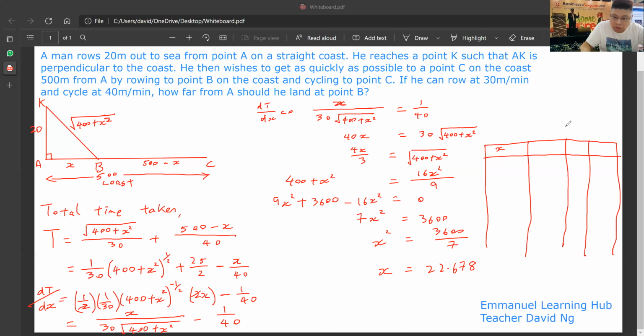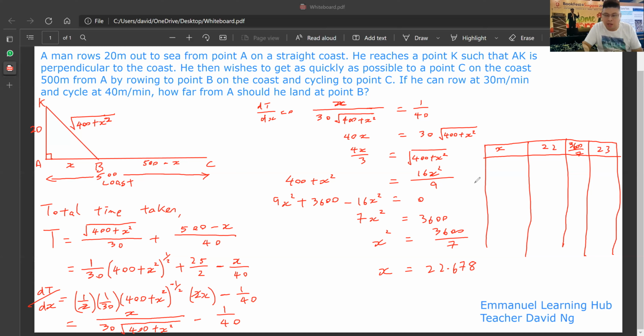x is 3600 over 7. So minimum will be 22, then maximum 23.